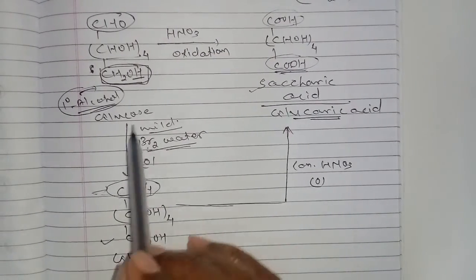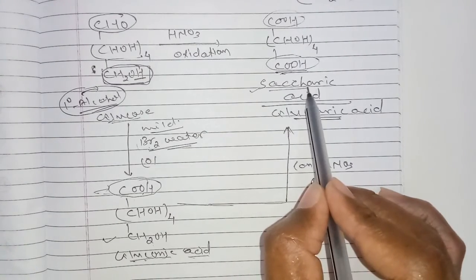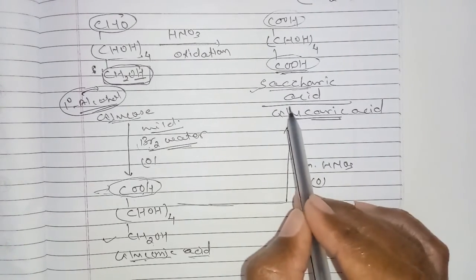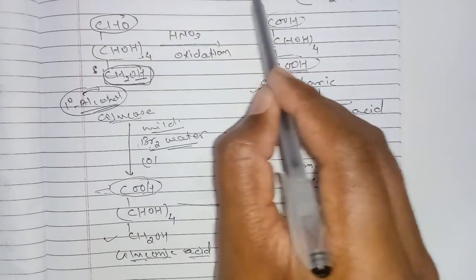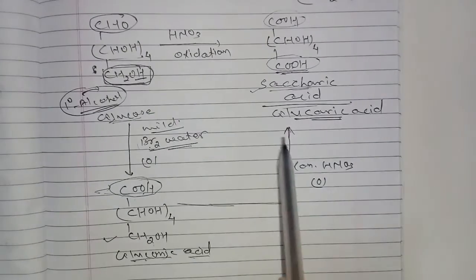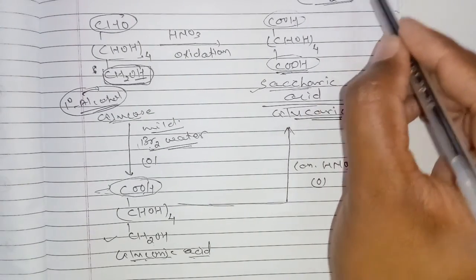So on oxidation of glucose, saccharic acid is formed, which indicates the presence of a primary alcoholic CH2OH group.